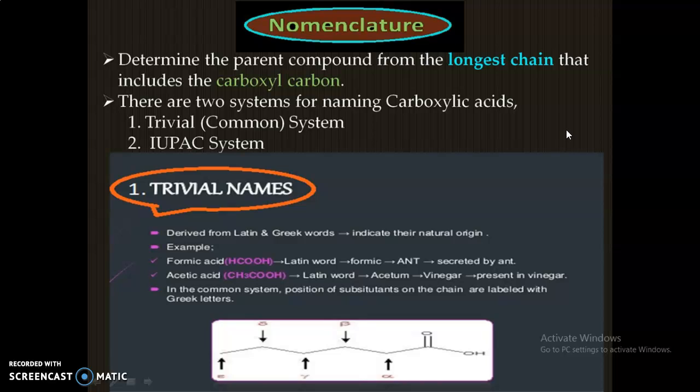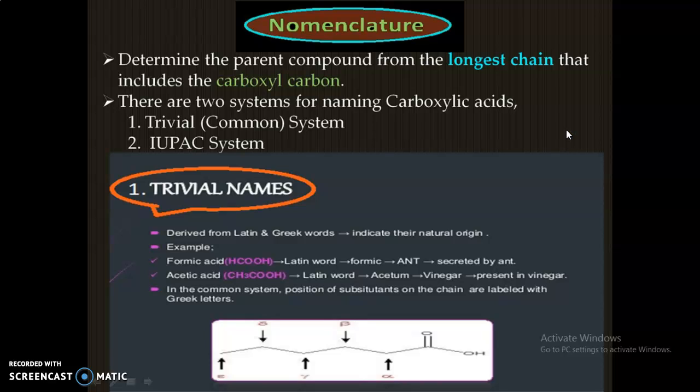So to keep them in mind, the IUPAC nomenclature system was put forward, and it gives particular rules about the naming of organic compounds.